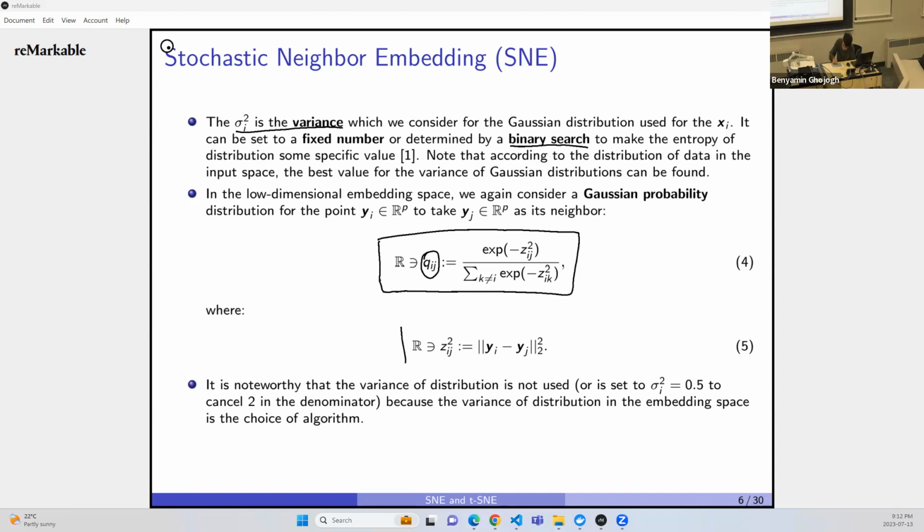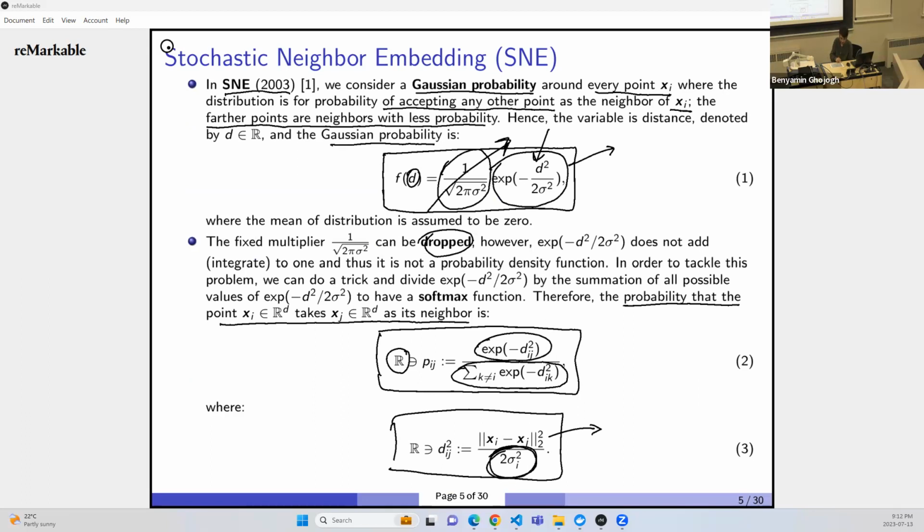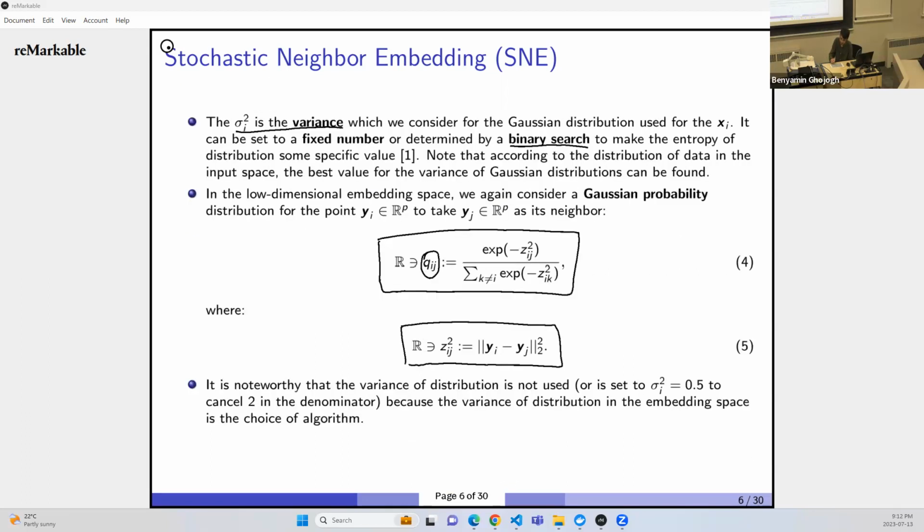Zij squared is the squared Euclidean distance between the embedded points yi and yj. Here in Dij squared, I have 2 sigma i squared. However, in Zij squared, I don't have any sigma. Why?